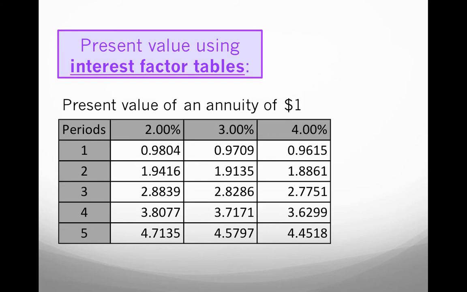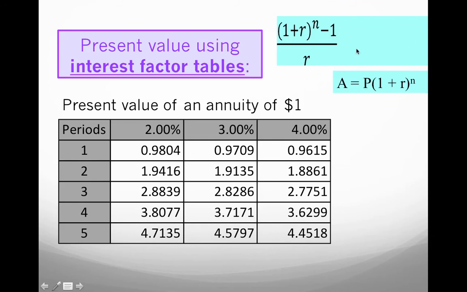For those of you who are interested, these values in the table are just the same formulas we've used before, calculated from the formula for the future value and the formula for compound interest. It's just applying those formulas that gave us the values in this table. But for the work you have to do, the tables will be supplied to you and you don't have to know those formulas off by heart.